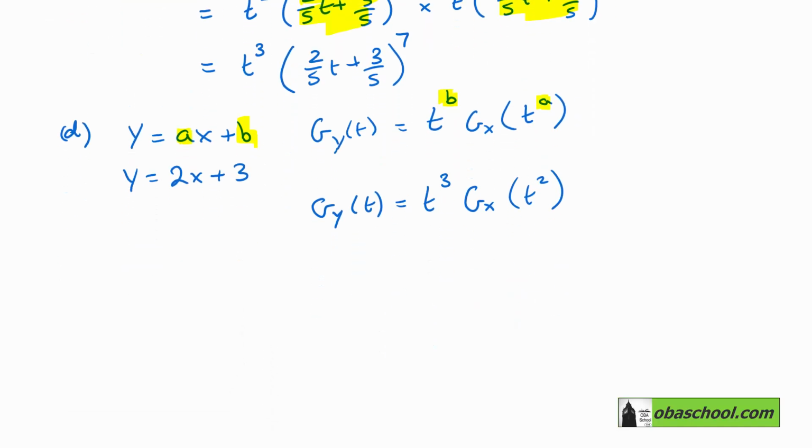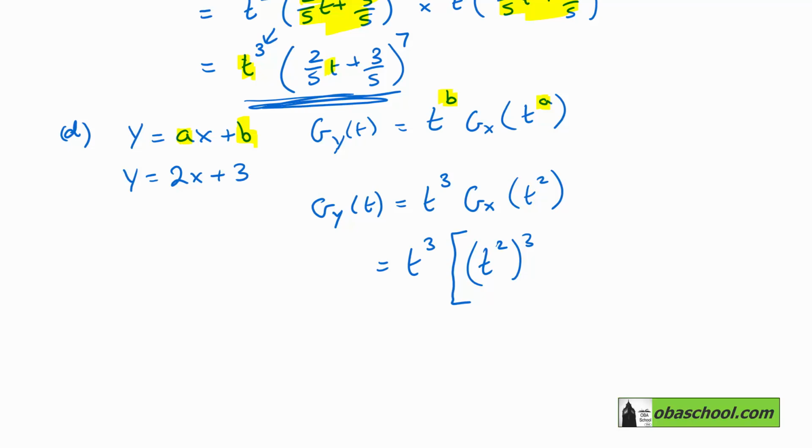So we can use what we know about x, which is this one here, and we get t cubed, and then the gy is going to be, replace the t just here with a t squared, and so we have t squared cubed. So that 3 is the cube that's there already. It's just the t's been replaced by t squared.